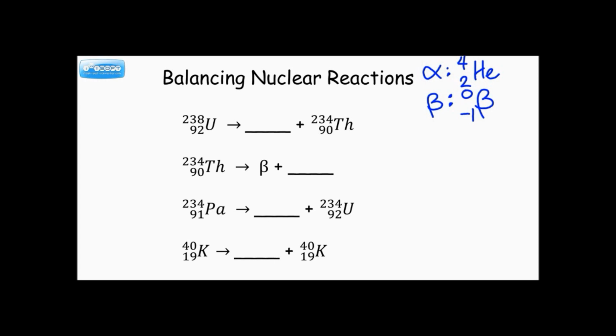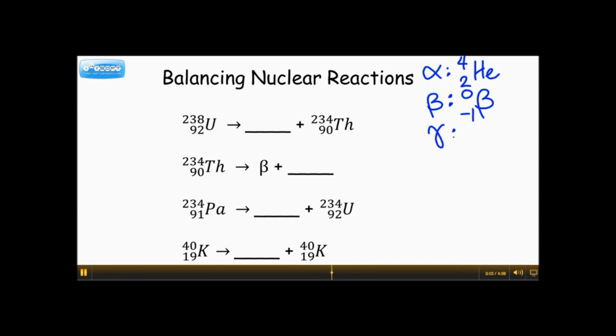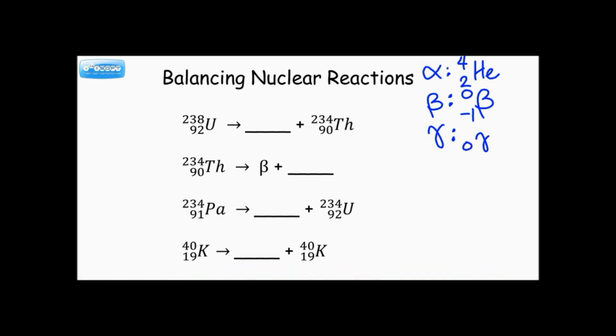The weight does not change, but what happens is this beta particle is essentially losing a proton. Gamma, so for gamma radiation, there's no change in the number of protons, and there's no change in the weight. So there's no change at all.